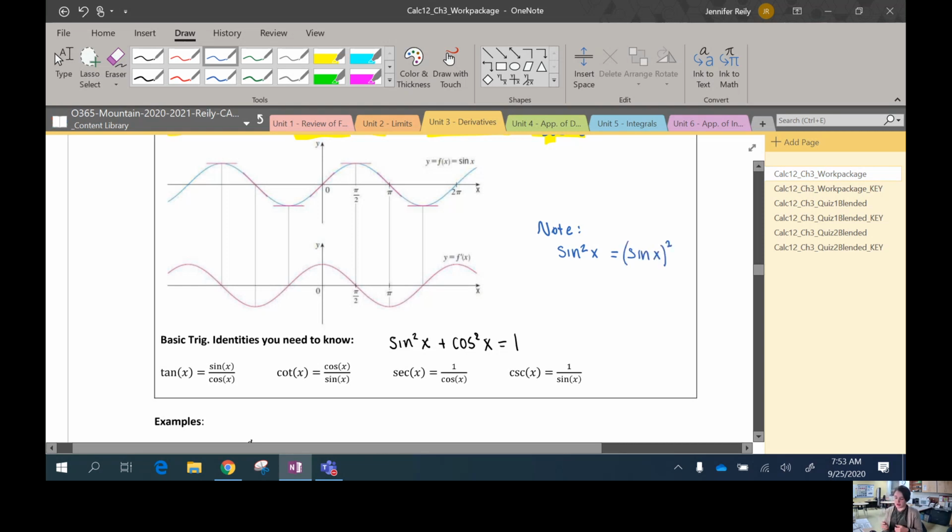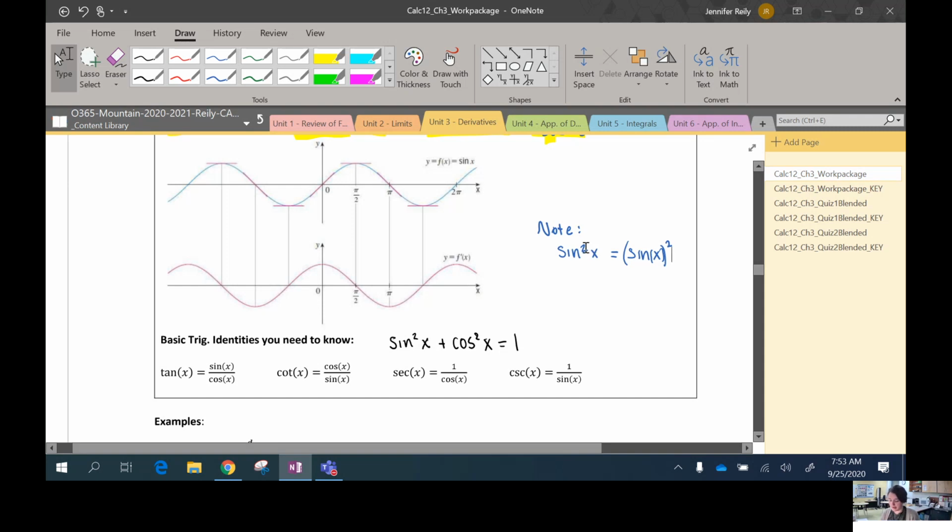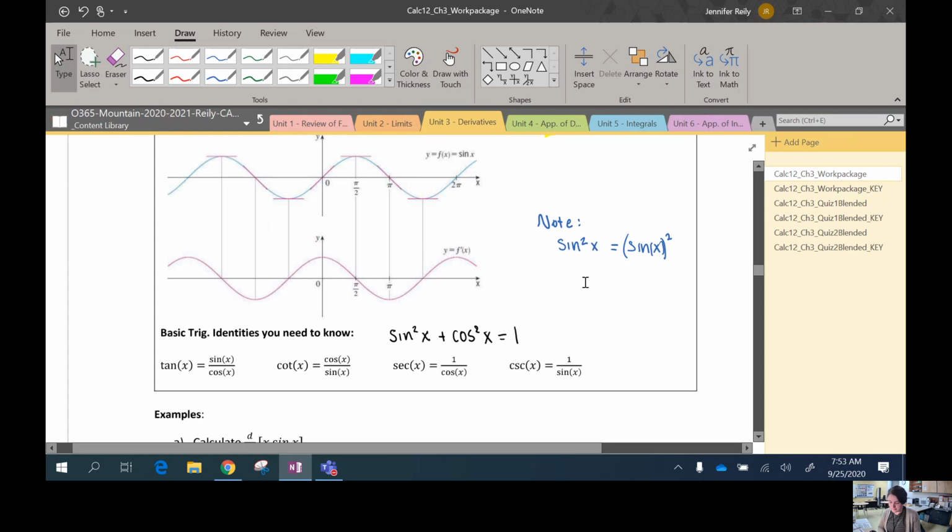This is the same as this. It's just to avoid writing so many brackets, because sometimes you write a bracket around the x, and then if you had to bracket and then square everything, it's to avoid writing so many brackets. So when we square or have the different powers of sine, cos, and tan, we just write the power or the exponent next to the sine, cos, or tan, like that.